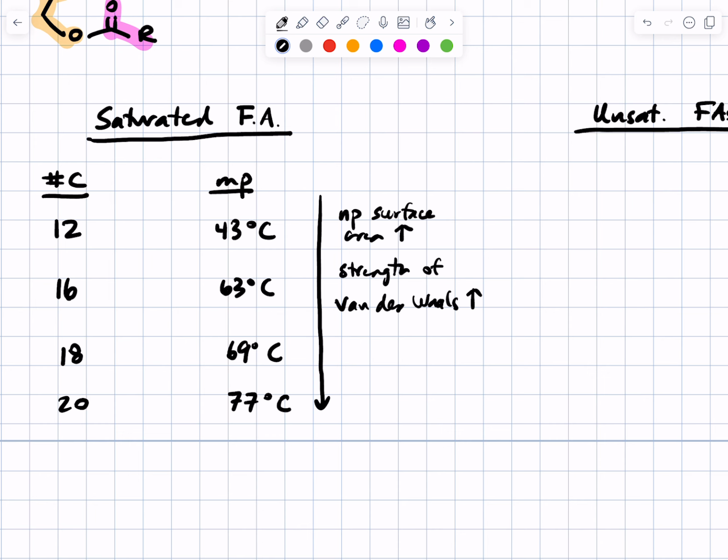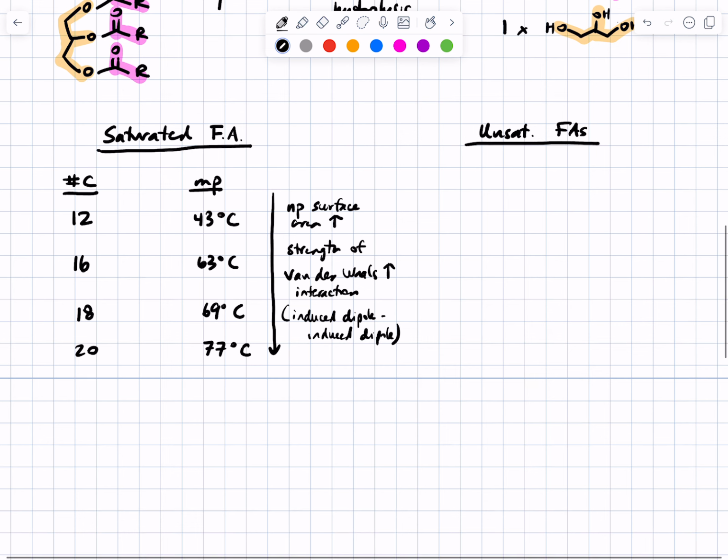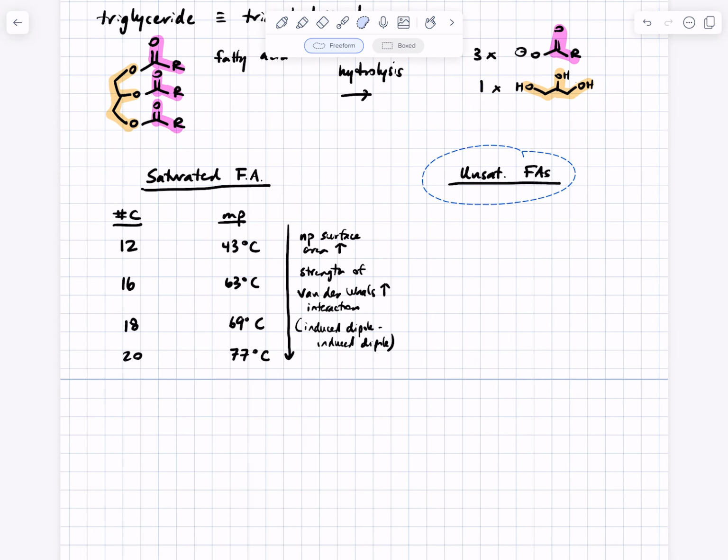And van der Waals interactions is the same thing as London dispersion forces, is the same as induced dipole interactions. Any questions about what an induced dipole interaction is? Okay, good.